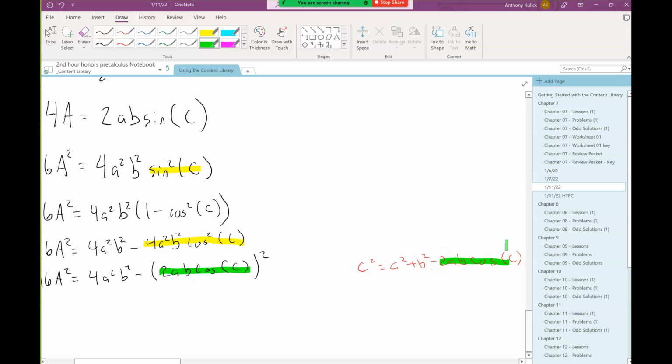Looks like part of our law of cosines. Like, boy, Mr. Kulik, you're diving deep on this one. So if I rearrange this a little bit, I could add the 2ab cosine c to the one side and then subtract the c squared from the other side. Everybody agree that 2ab cosine c is equal to a squared plus b squared minus c squared?